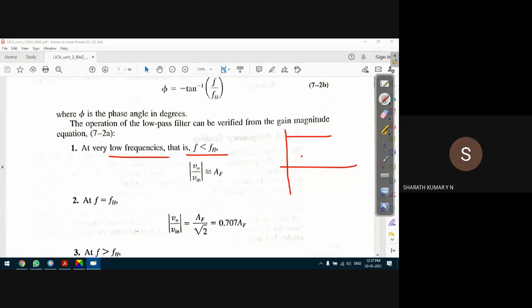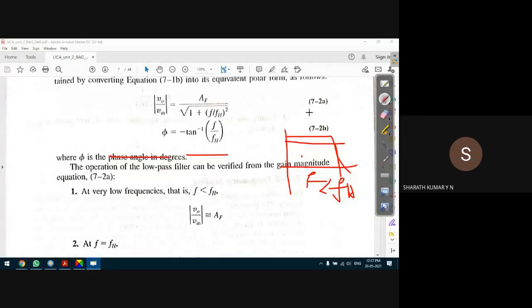When F is less than Fh, in the denominator F by Fh is almost 0, so the square root of 1 is 1, and the voltage gain is approximately equal to Af, that is 1 plus Rf by R1.